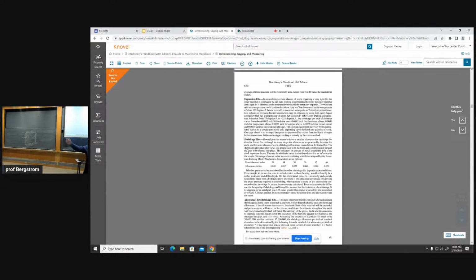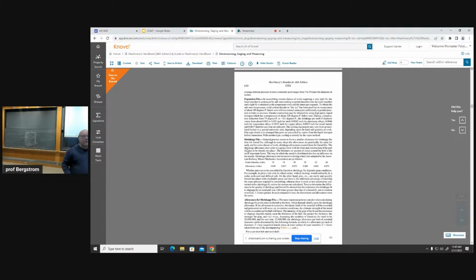This side of the room versus that side of the room. 1, 2, 3. You guys wake me up when you're ready. All right, so we're going to look it up in the Machinery's Handbook.